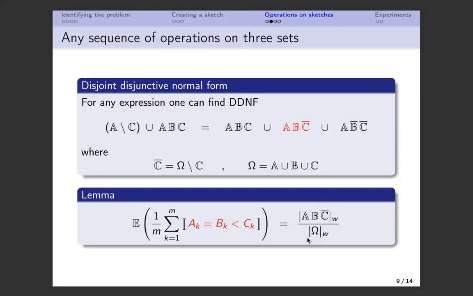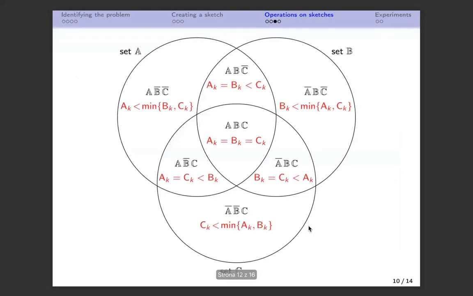Obviously, to get rid of this omega from the denominator, we just need to estimate the union of all sets using the basic union estimator. Similarly, we can find the right formula for the unbiased estimator for each of the 7 possible intersections.